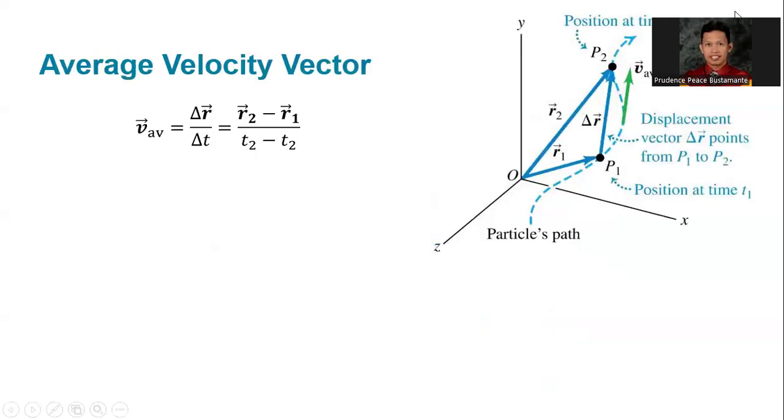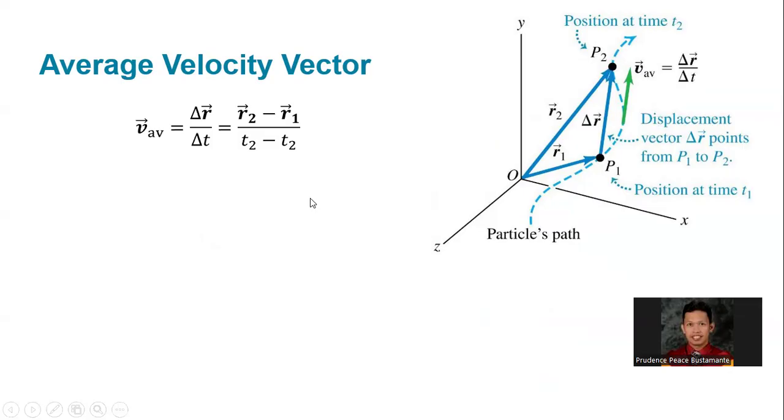We also discussed in chapter 1 the displacement, the average velocity, and the time interval. But since we are now in three dimensions, for example, this is the particle's path.